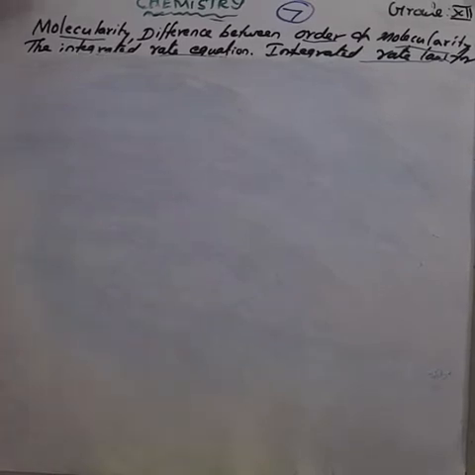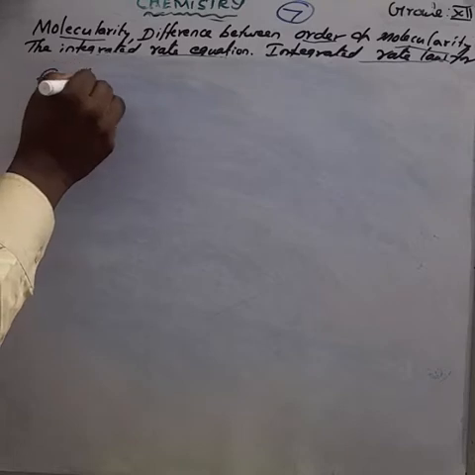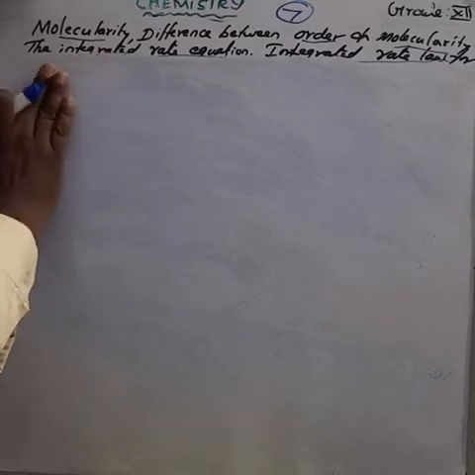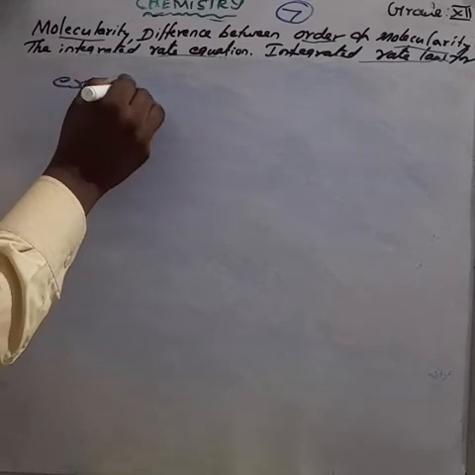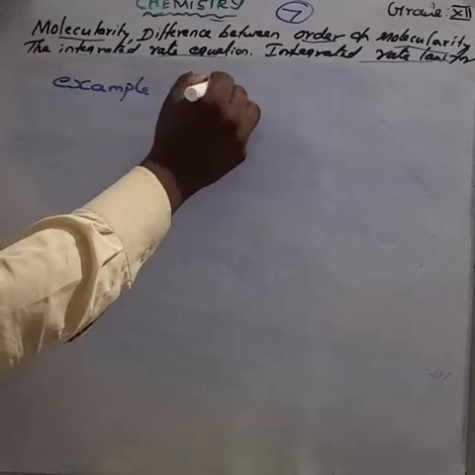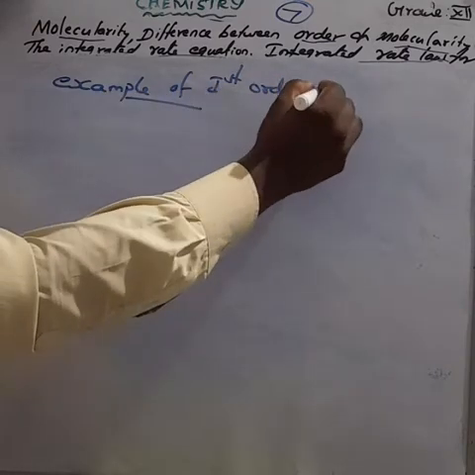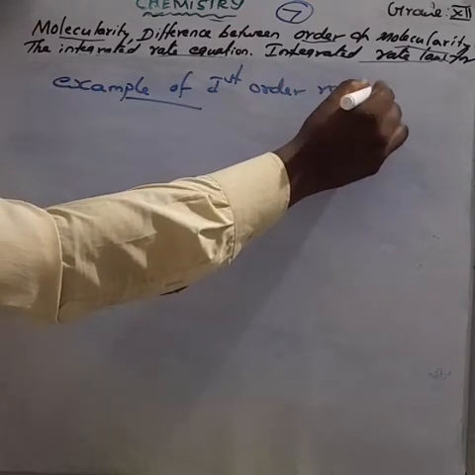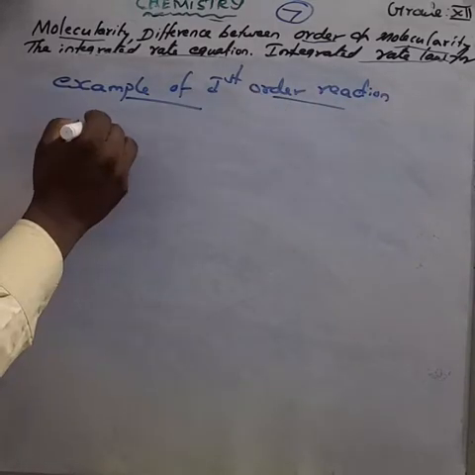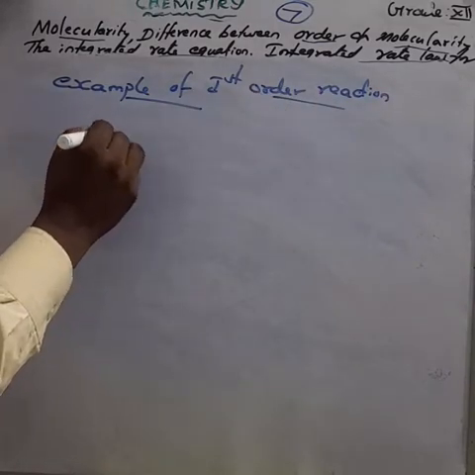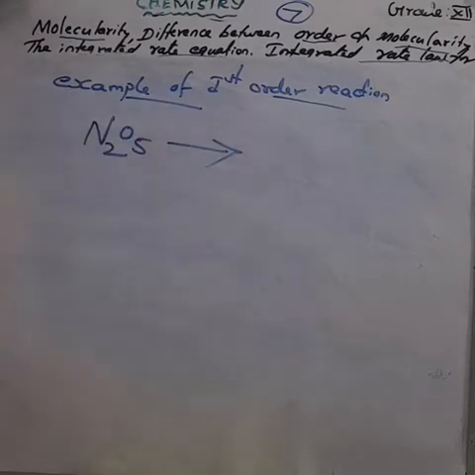Here, what are the examples of first order reaction? So, one of the very, very important 3-mark questions, and 2-mark question also. Very, very important question. Examples of first order reaction. Don't forget that. First one is the decomposition of nitrogen pentoxide.